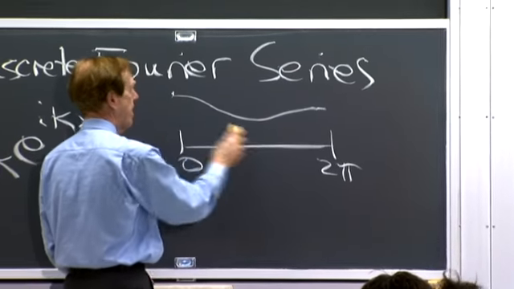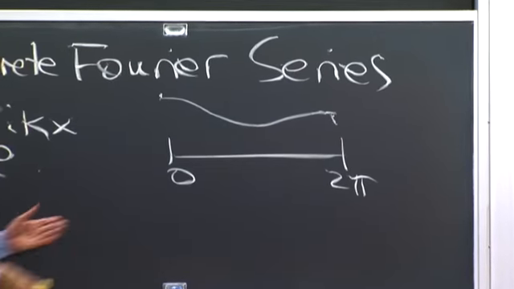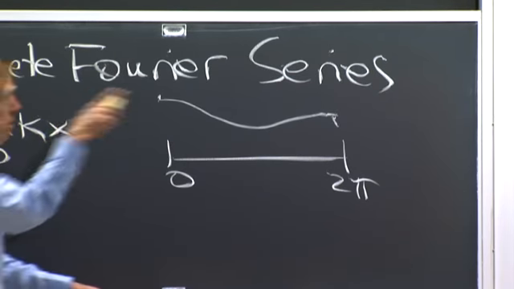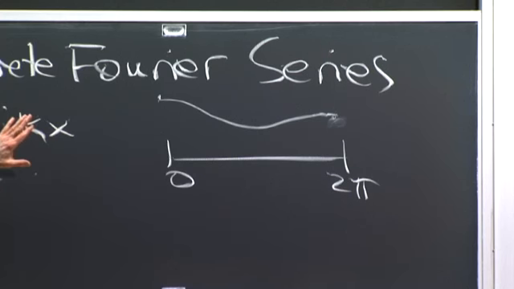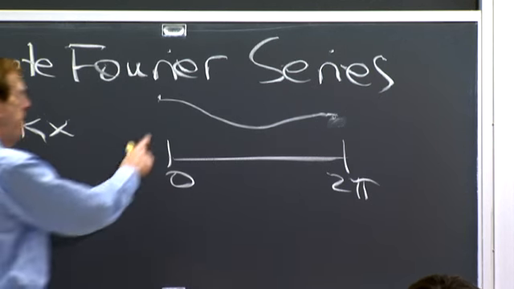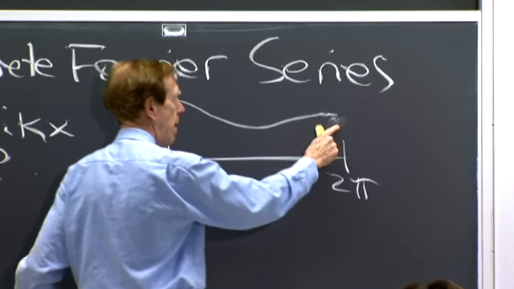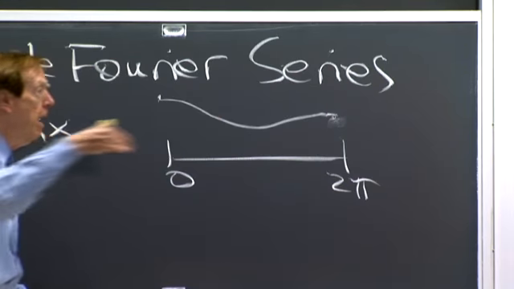If that was my f of x, just to remember about Fourier series, what could you tell me about the Fourier series for that f of x? Well, when I continue periodically, am I going to see a jump? Yes. There'll be a jump at every 2 pi.